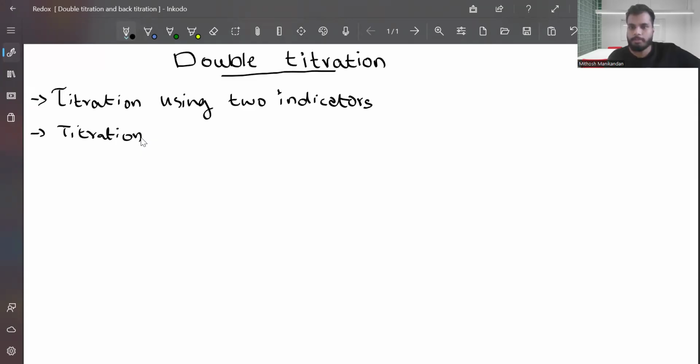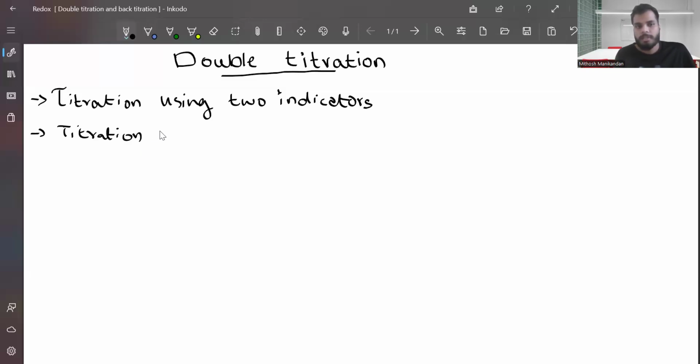Double titration is a big topic, but we will discuss the very basics, and we'll focus on the part which you may find as questions in your entrance exams or practice sessions.